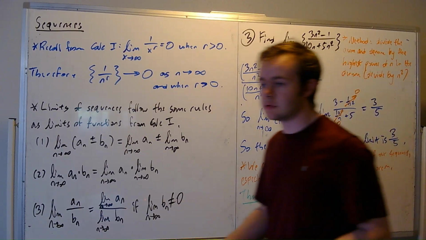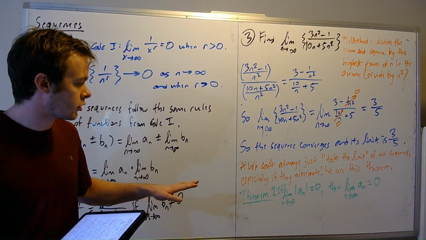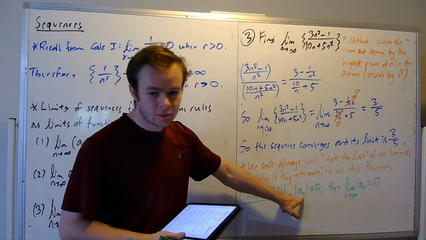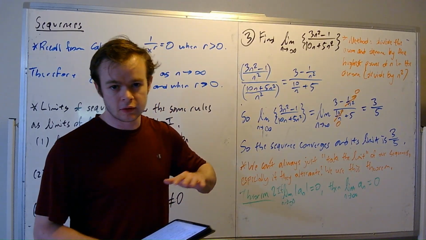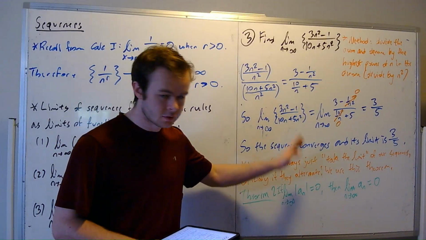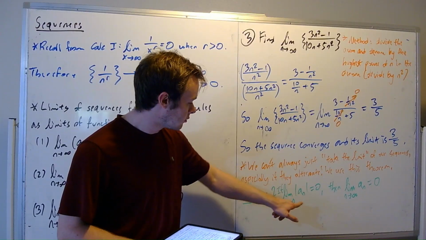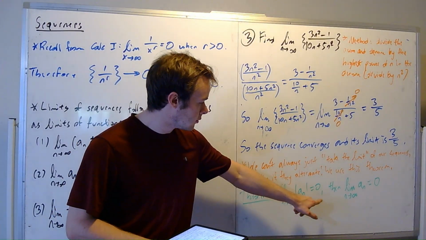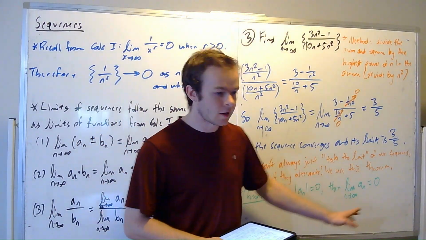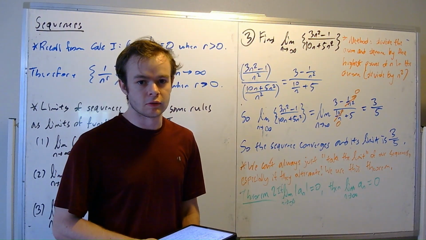So if our sequence alternates, we can't just take its limit. That's when we have to be a little bit more careful. But if we take the absolute value of the alternating sequence, then it's just going to be a normal sequence. Because if it's just alternating between a plus and a minus, we can get rid of that when we take its absolute value. If this limit is going towards 0, then the limit of the sequence is actually going to 0.